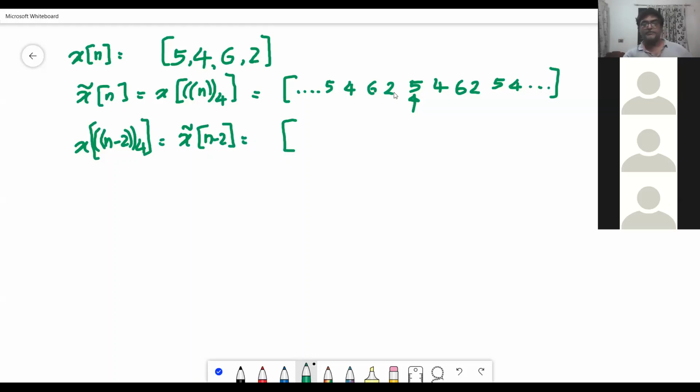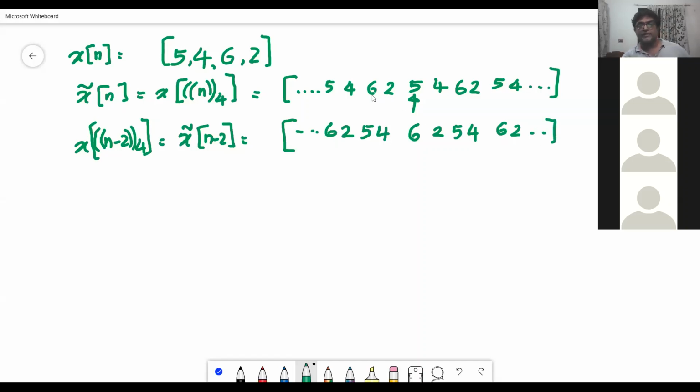If I move this by 1 sample, this 0 will be here. If I move this by 2 samples, this 0 will be here. So what will be the new cycle now? 6, 2, 5, 4. So this will be 6, 2, 5, 4, right?